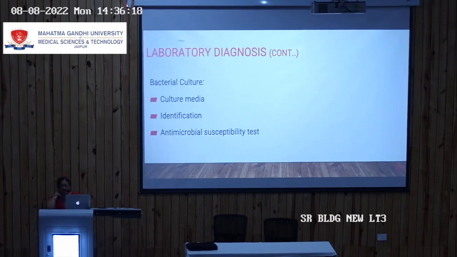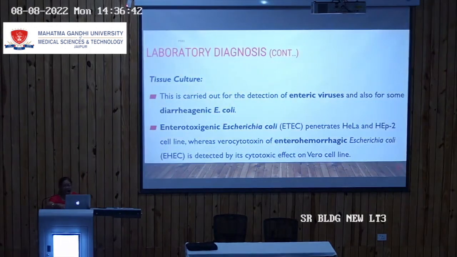Then identification of the organisms which grow on the culture plate is done by biochemical reactions, assimilation and fermentation, etc. Then after identifying the organism, an antibiotic susceptibility test is done to find out which antibiotic the bacteria will respond to. Then tissue cultures can be done for viruses and enterotoxigenic E. coli.